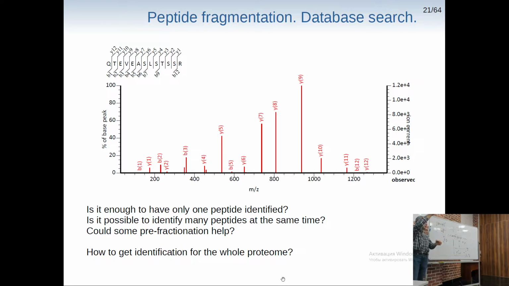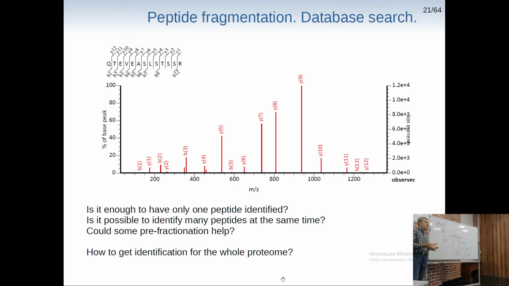Just have a column with this antibody, pour all our proteome here, and only things that have some affinity to our antibody will stay on the column. Then we just change pH or salinity or whatever to break the antibody from its site of recognition. It will break and we'll have some fraction of highly concentrated proteins of interest, and then we can work with them, right? So prefractionation is something that we can use.